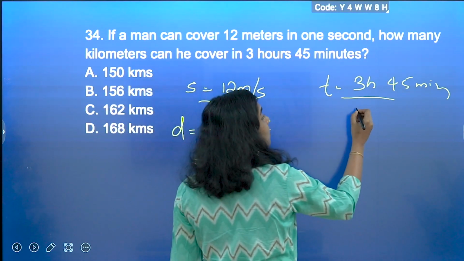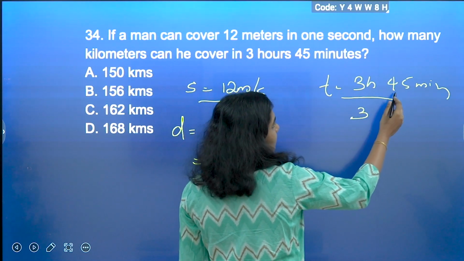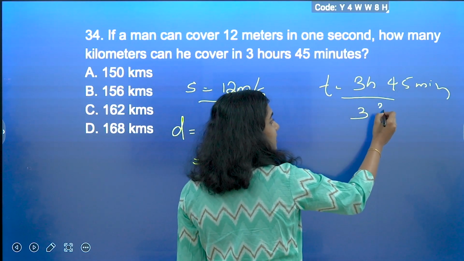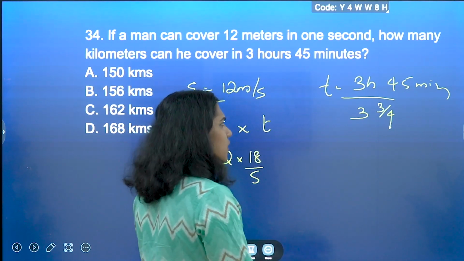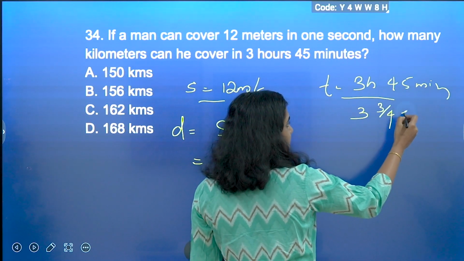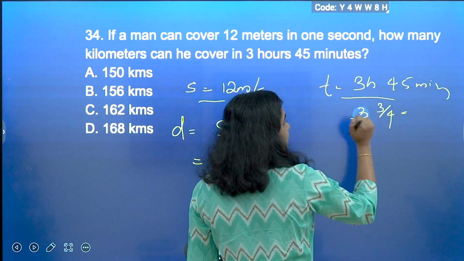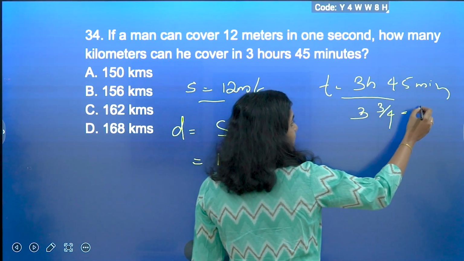There is minutes also. So let's convert this into hours. Okay. So 3 and we can write 45 minutes as 3 by 4. Right. 45 minutes as 3 by 4. Half and a quarter. Right. So when you make it into an improper fraction, it will be 4 into 3 is 12. 12 plus 3 is 15.